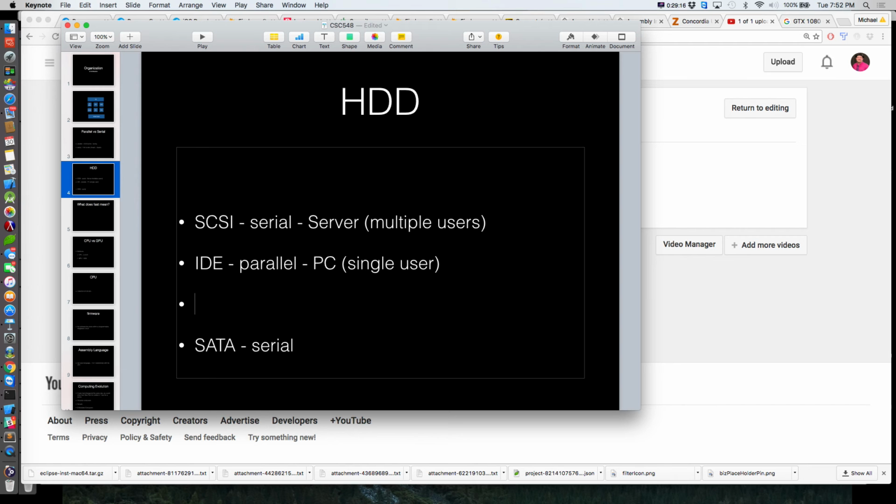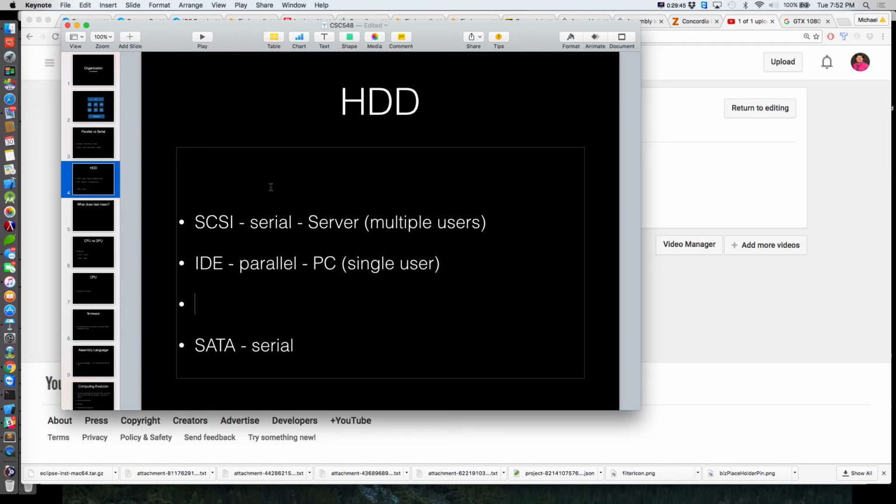So our parallel technology for interfacing with hard drives was substantially faster than our serial technology for interfacing with hard drives. SCSI kind of stopped getting faster and IDE just kept going. So it got to the point that even though it was bursty, its slowest speed is twice as fast as SCSI's fastest speed. So it doesn't matter whether it's bursty or not, it's just plain faster.